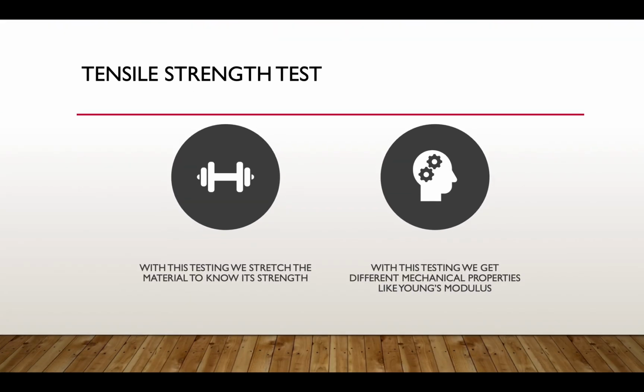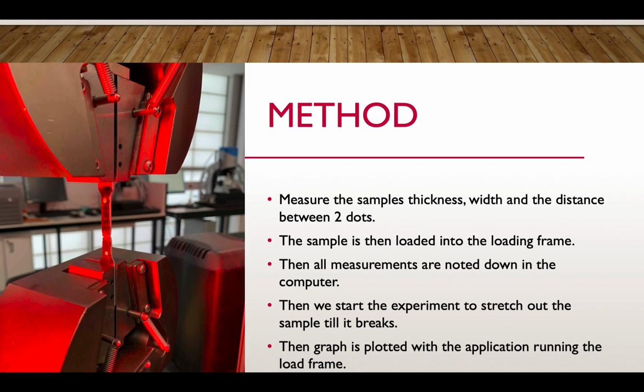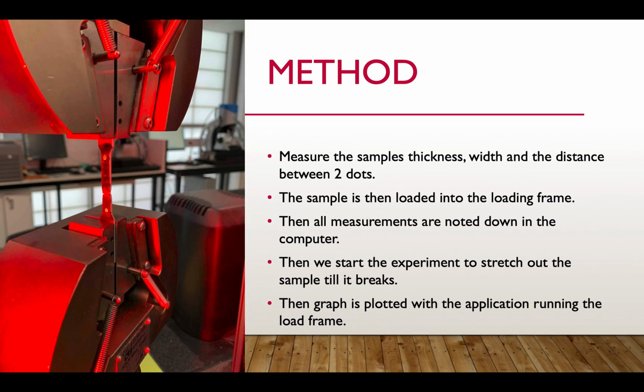The tensile test method is a way to find how strong a specimen is. This is done by putting a specimen under test, where opposing forces are applied to the two ends of the specimen and it is stretched out. First, the sample is measured in terms of its thickness, its width, and its length.